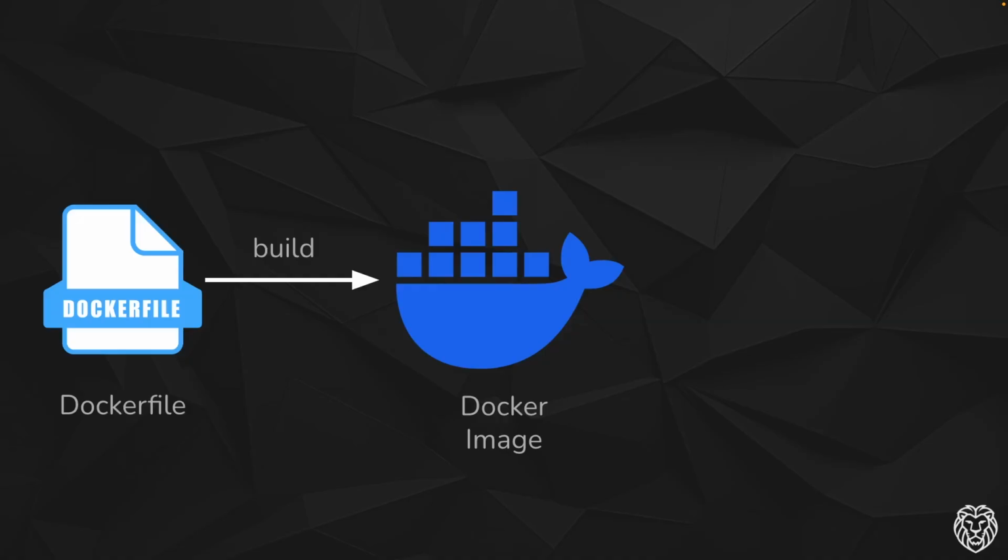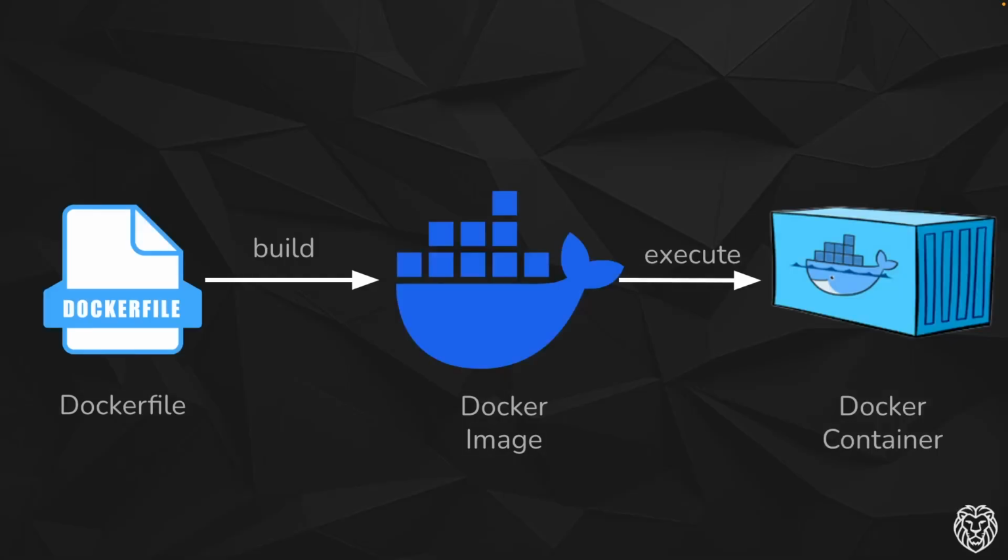Now that we have our Docker image completely built, we can execute that specific image in order to get a Docker container. It is your application already installed and executing in that specific environment. Every time you run a Docker image, Docker will create a brand new Docker container. Each container has its own file system, its own network stack, process tree, and environment.